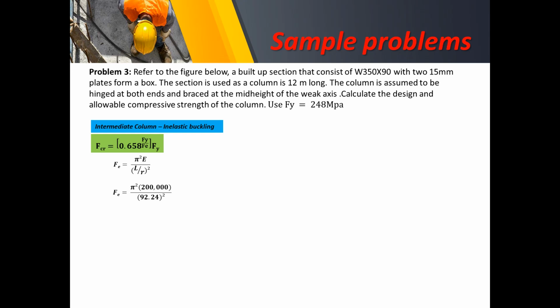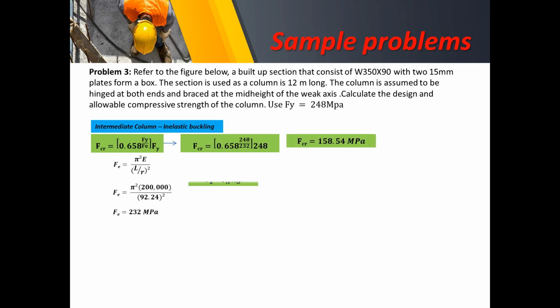Of course, note here that the slenderness ratio selected a while ago is the larger one, 92.24. Therefore, the Euler's buckling stress is 232 megapascals. That will be substituted in the value of the buckling stress to be used in the nominal strength. So that will be equal to 158.54 megapascals.